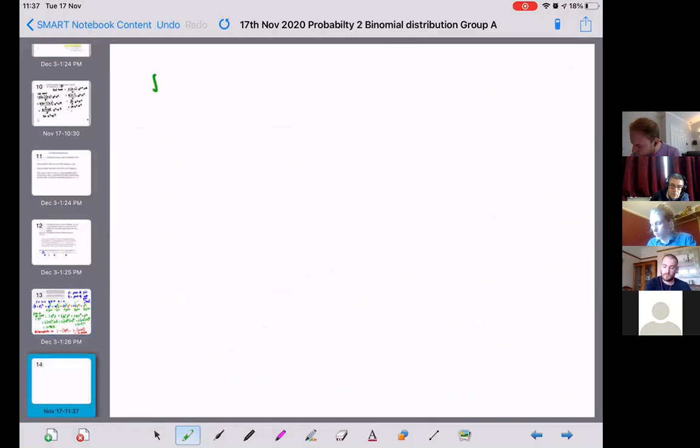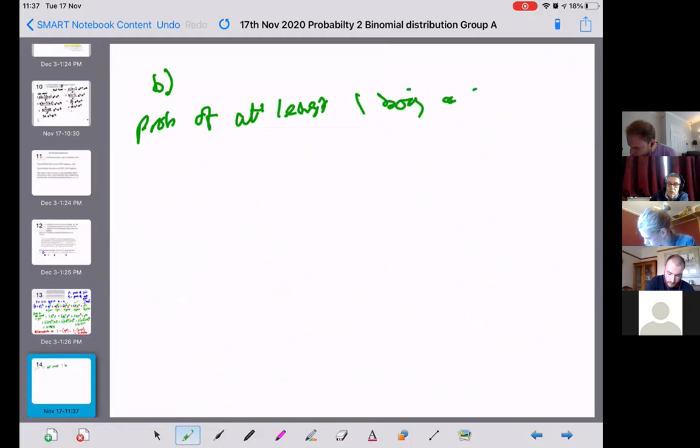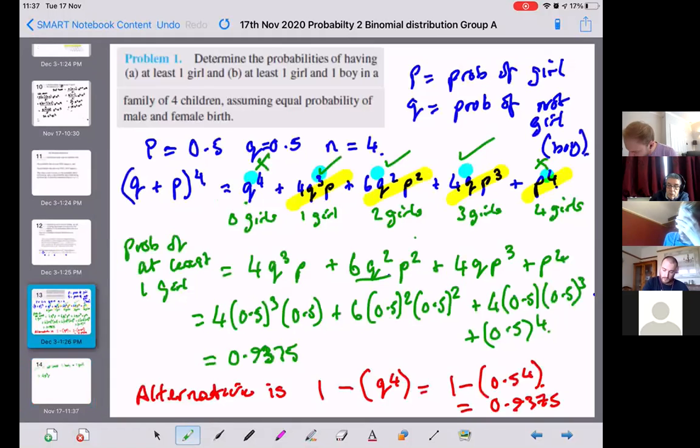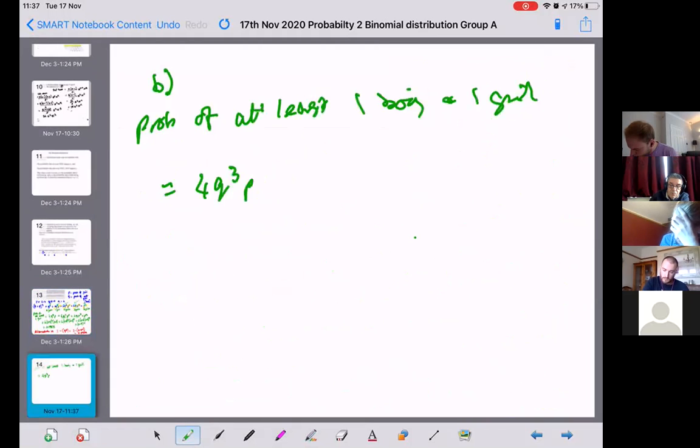So B, probability of at least 1 boy and 1 girl equals 4 Q to the 3 P plus 6 Q to the 2 P squared plus 4 Q P to the 3.